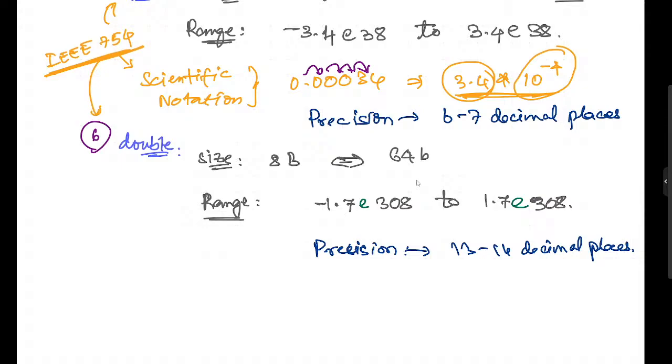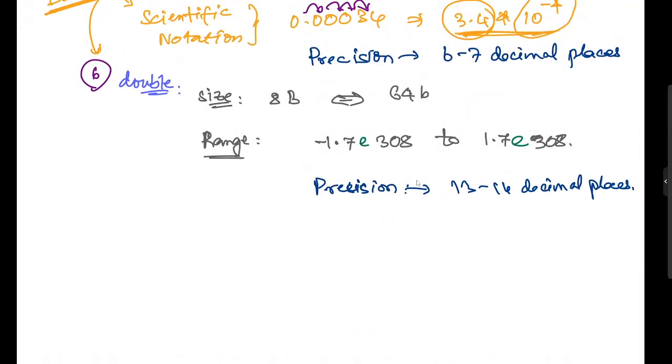And how do we write code with float or double? If I write float f is equal to 1.56321, this will give me an error. Why?